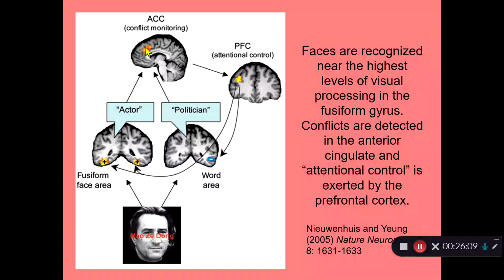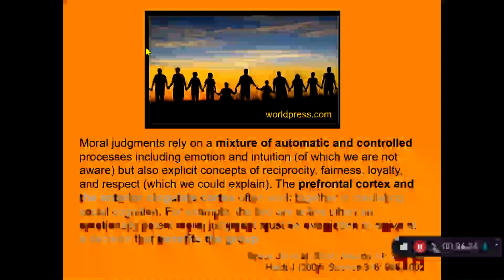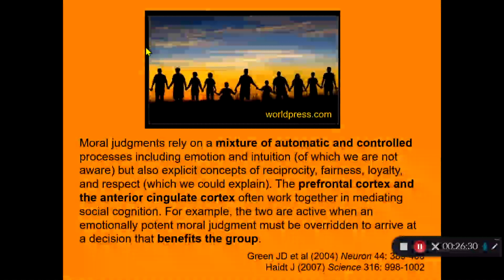Okay. So in this course, we'll be talking a lot about the neurobiological level of your growth as a human being as you become a more moral and ethical person, as we all do. It's very important to point out that automatic and controlled processes work together. Reason and emotion work together.